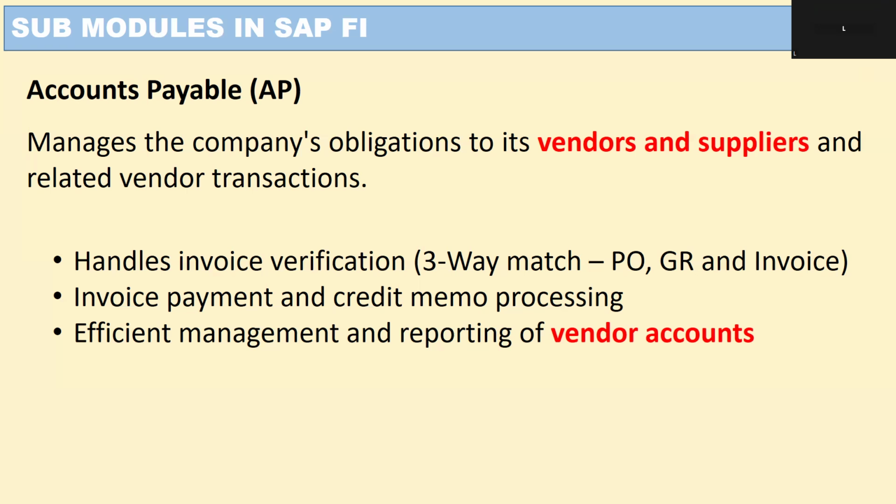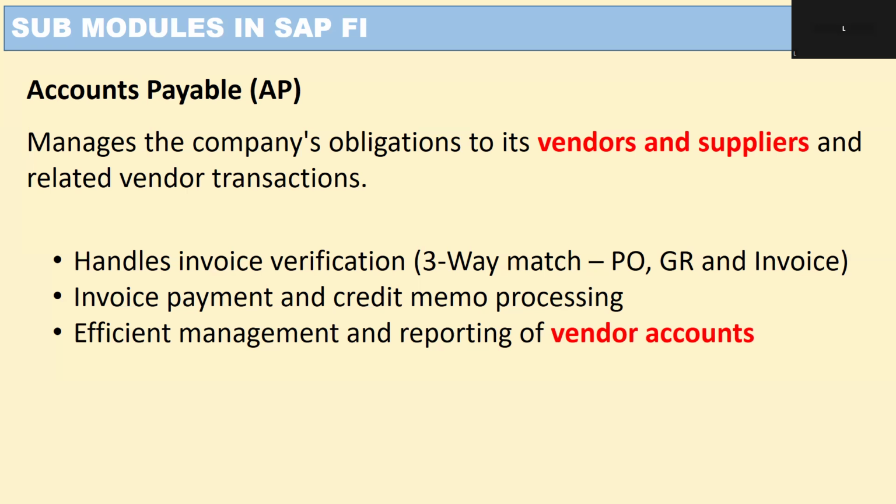All right, so what's accounts payable? Accounts payable basically manages the company's obligations to its vendors and suppliers and related vendor transactions. It handles invoice verification, which is more of a three-way matching methodology where it matches the PO value to the goods receipts to the invoice value.